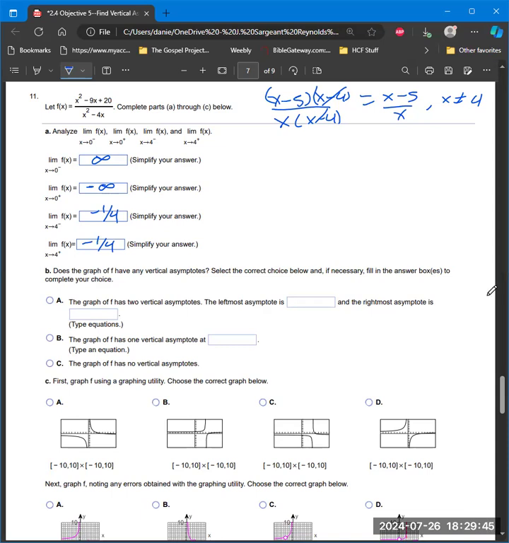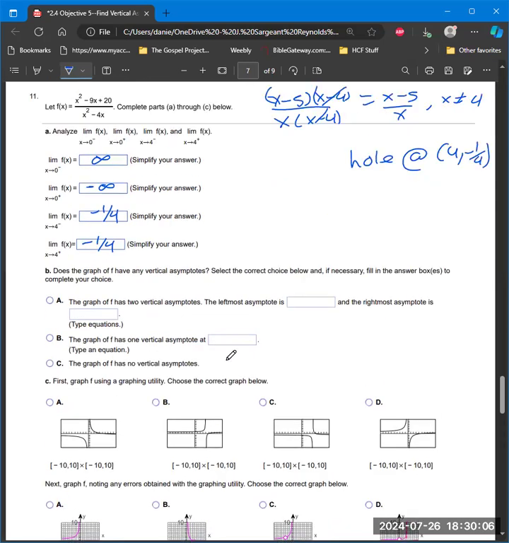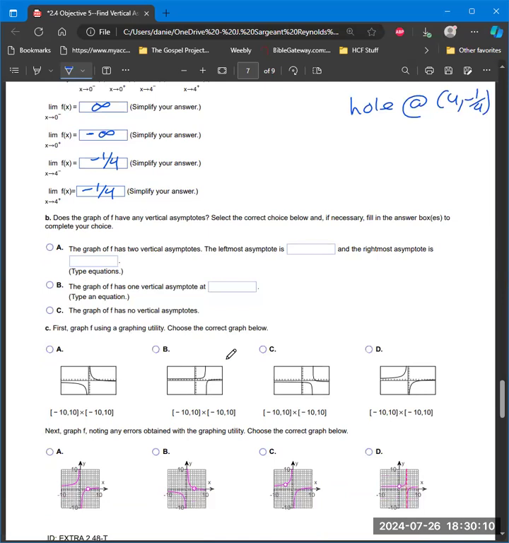It's a hole, but it's like there was a point on this graph that I removed, and the point would have been 4 negative 1/4. So there's a hole at 4 negative 1/4. Does your graph have any vertical asymptotes? Yes, at x equals 0.